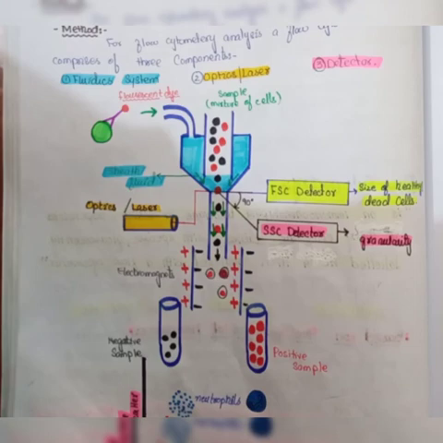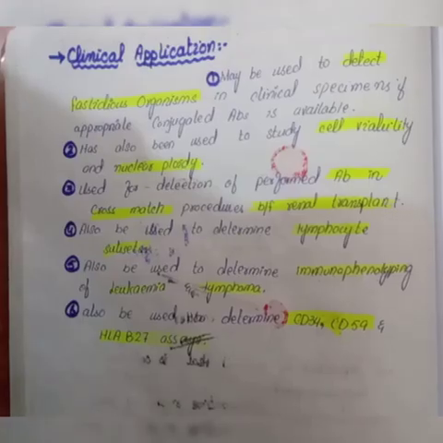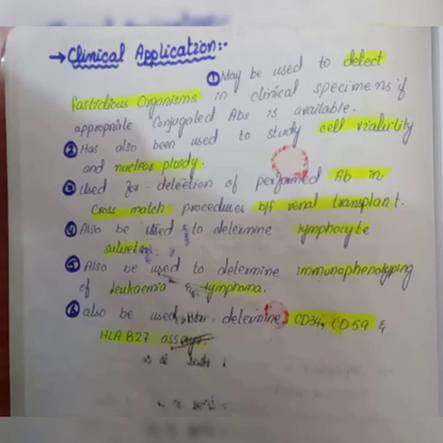So here we have the diagram of the flow cytometer. As we have already discussed, this flow cytometer technique is used for research or diagnostic purposes. So here we have some clinical applications of the flow cytometer. First, it can be used to detect fastidious organisms.